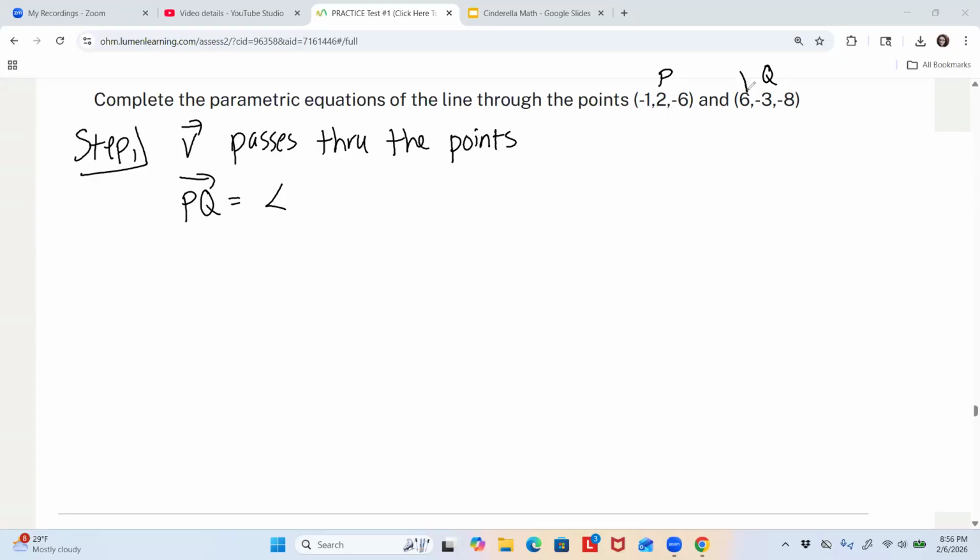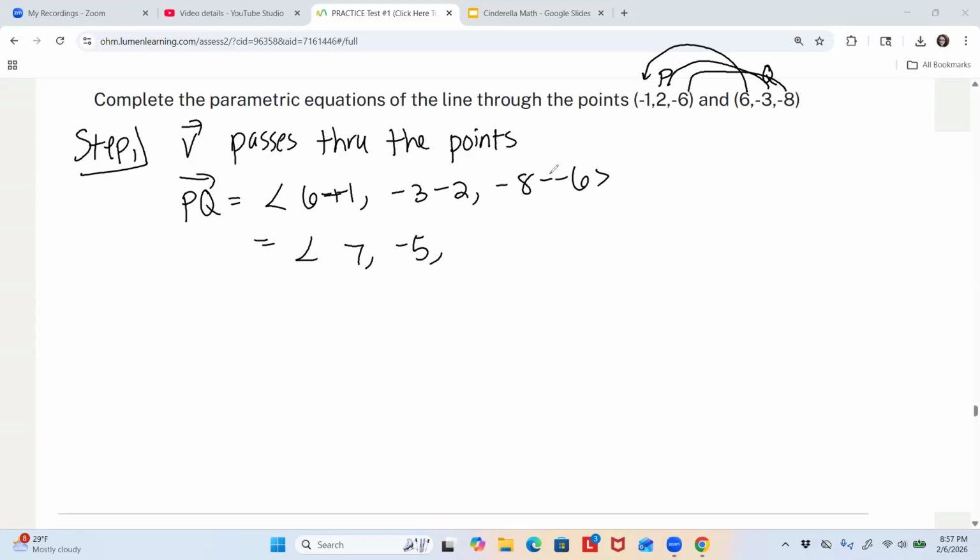So again, second x minus first, second y minus first, and second z minus first. So that's going to come out to 7, negative 5, and negative 2. So that's like PQ, or you could call it V. Doesn't really matter what you call it. There you go. Those are going to be the t coefficients.